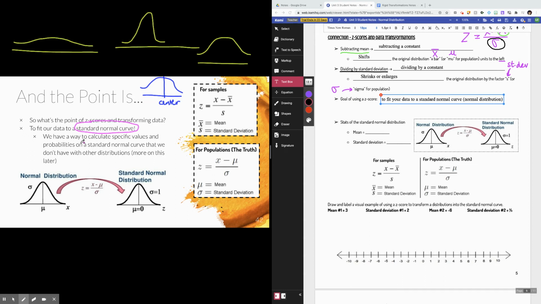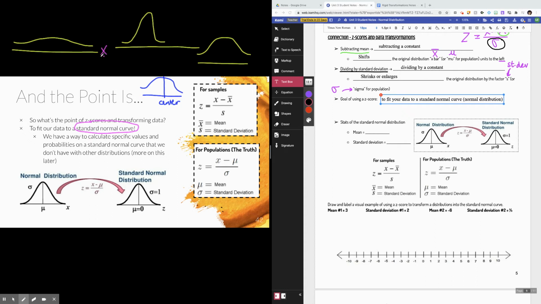We have lots of tools, like our calculators, and there are some tables that you can use to figure out probabilities and how likely something is to occur within that distribution, with the standard normal curve, that you don't have with other bell curves.